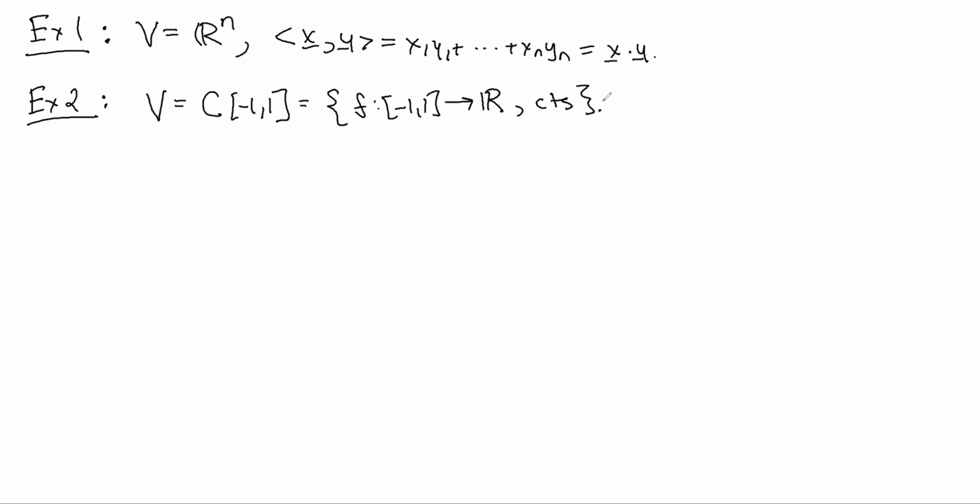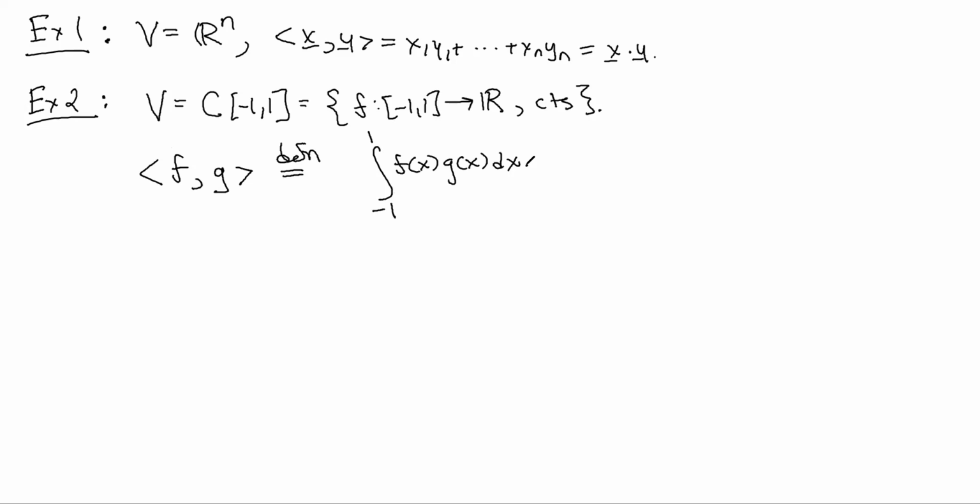Just like we defined the dot product, you have to define an inner product. I'm going to define the inner product of two functions to be the integral of the product. So that's now a vector space and a function called an inner product.